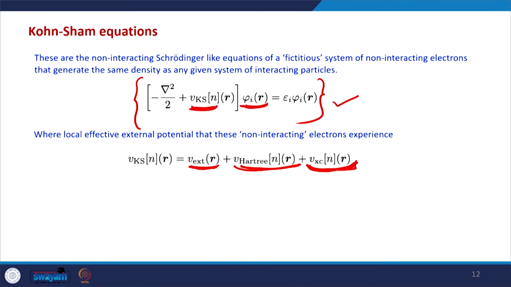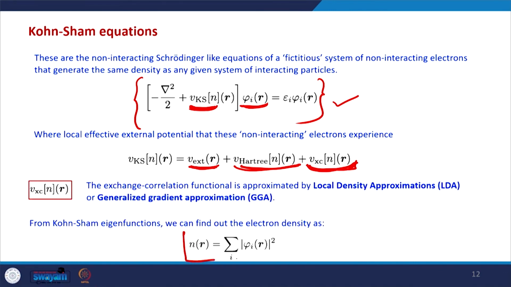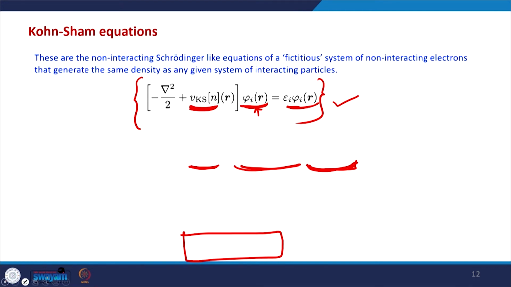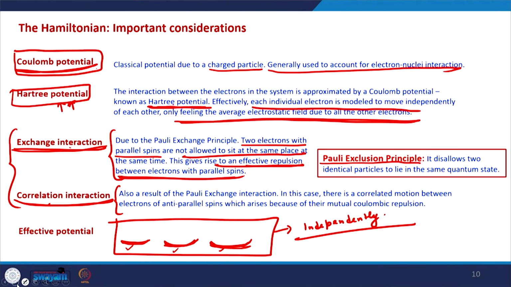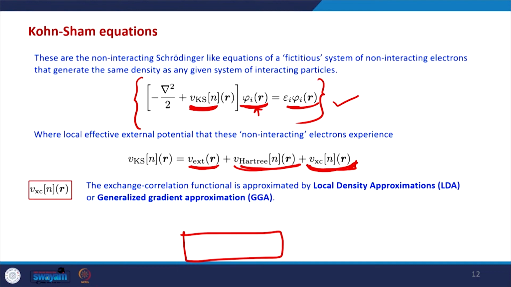If we consider this Kohn-Sham potential properly, then the electron density can be calculated from the orbitals phi, the solution of the Kohn-Sham equations, in this way. The key point here is that this Kohn-Sham potential needs to be properly accounted for, and this effective potential that we discussed is essentially the Kohn-Sham potential. This is what we need to properly find out, and it has three components.